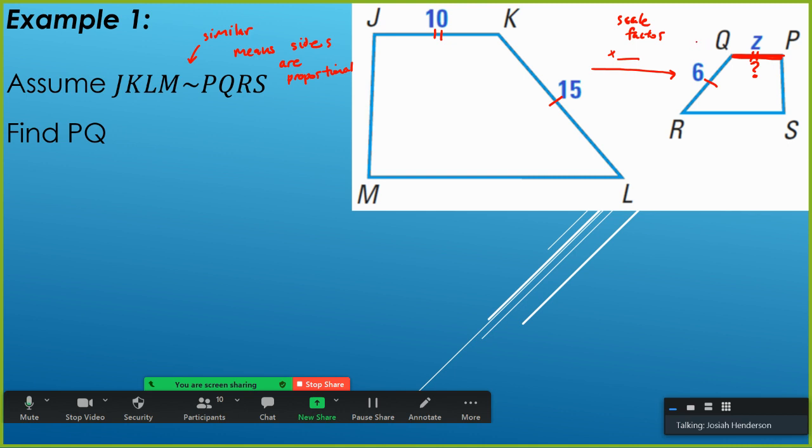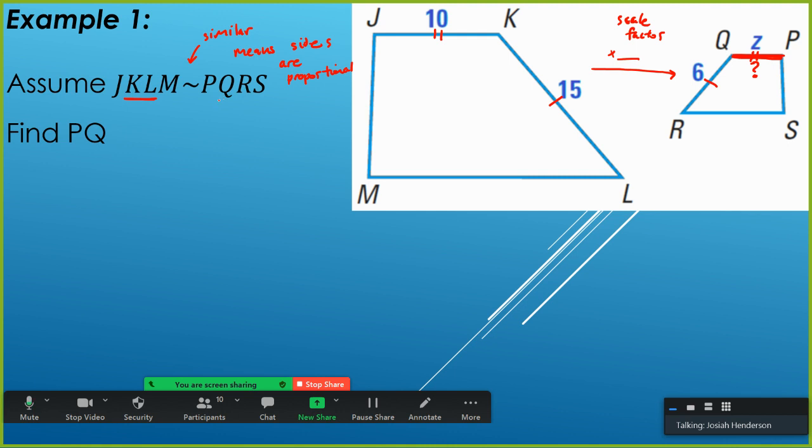Another clue that we can use to match up the sides and know which ones quote unquote go together is the way the similarity is stated over here on the left. JKLM similar to PQRS. So the order of listing off those points matters. So for example, KL, the diagonal side right here, I'm going to underline it on the left, KL. Well, what are the two in the center on the right image?